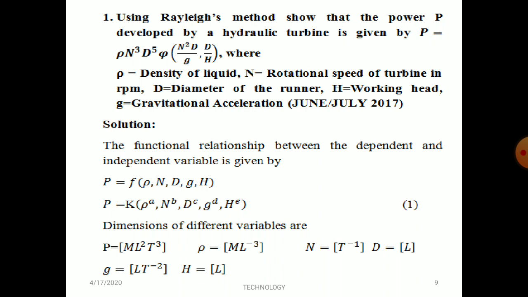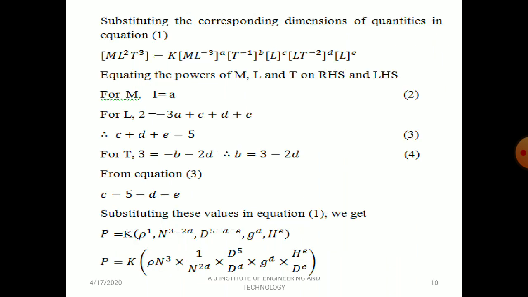Then d, the diameter, is measured in meter, so the dimension is L. Then g, acceleration due to gravity, has unit meter per second square, so the dimension becomes L T to the power minus 2. Then h, the head, has dimension L.